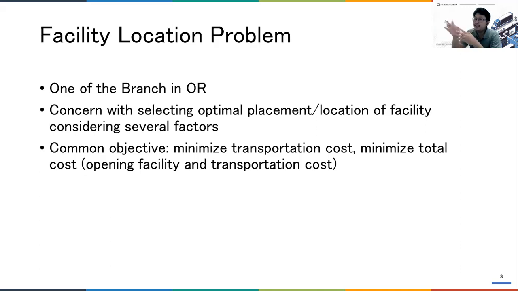For each layer of your supply chain, how will you decide to distribute your products, whether supplier 1 sends product to distributor 2, and so on. Those are the things discussed in modeling the distribution networks.